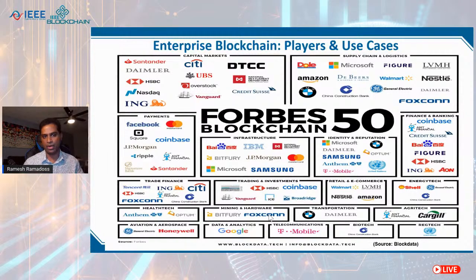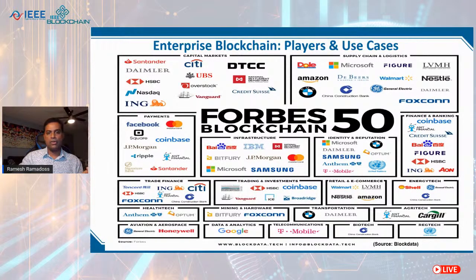You can see capital markets, and then supply chain logistics, which is for tracking parts through the supply chain to make sure they're legit. There's also payments, identity, trade finance, and so many use cases being explored, even agriculture, to track food from the farm to the store. I think Walmart was doing a pilot on that.